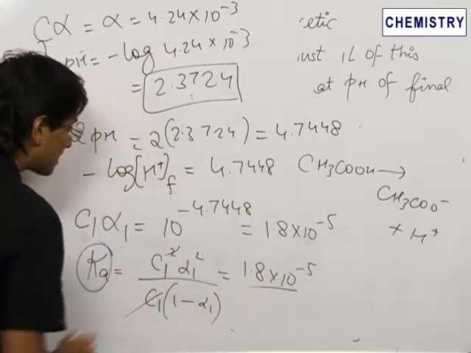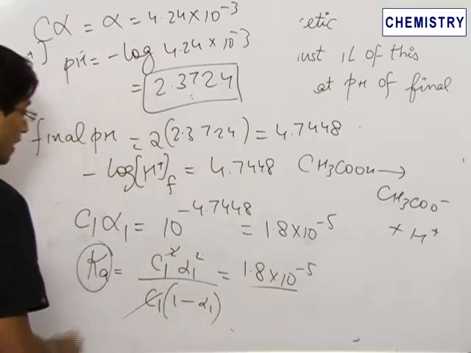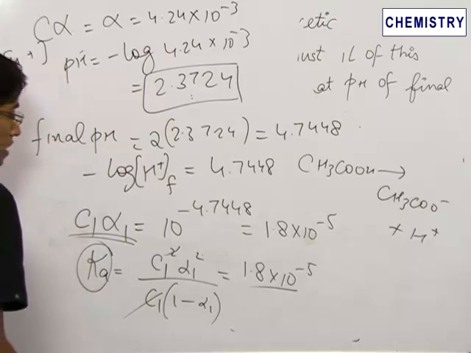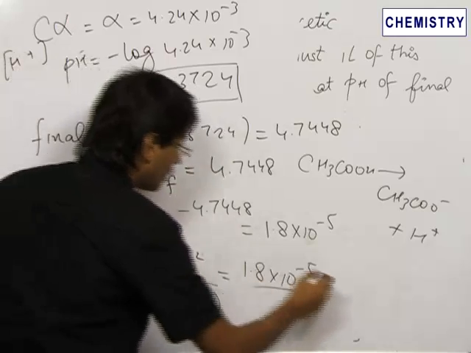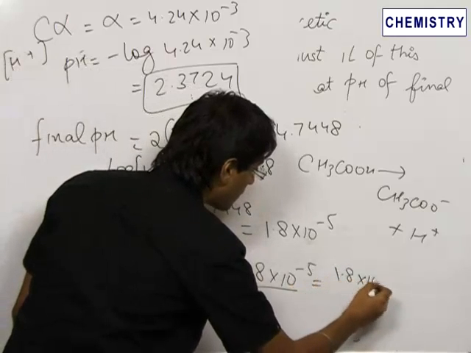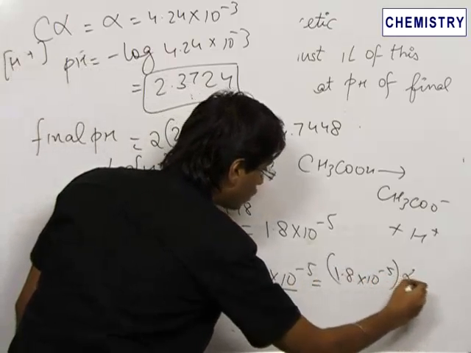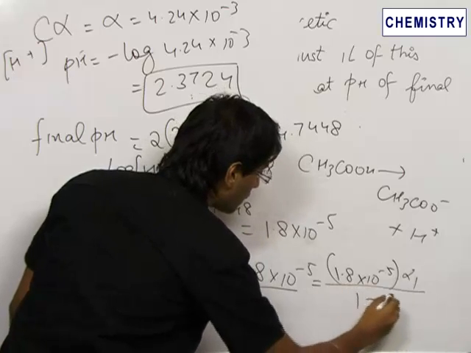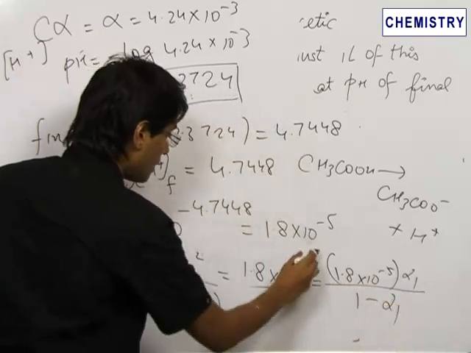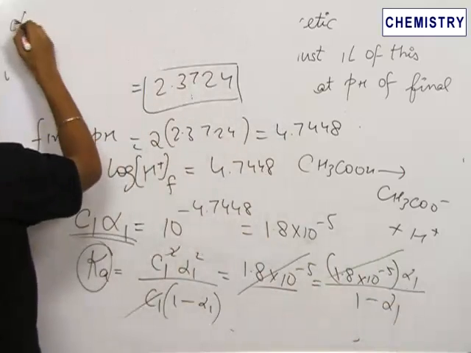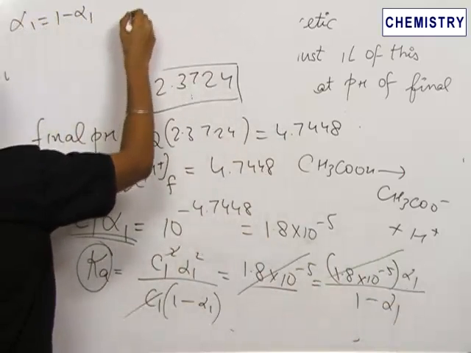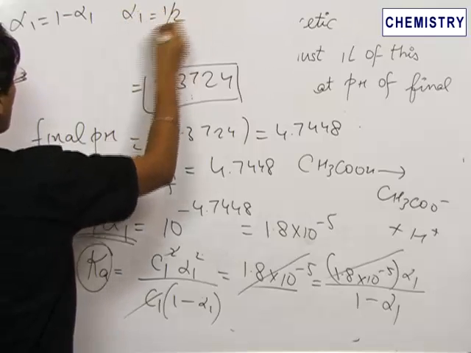This C1 and C1 get cancelled. We know the value of C1 alpha 1 to be equal to 1.8 × 10^-5. So this can be written as C1 alpha 1 into alpha 1, that is 1.8 × 10^-5 into alpha 1 upon (1 - alpha 1). This gets cancelled. Hence we get alpha 1 equal to 1 - alpha 1. Hence alpha 1 is equal to half.